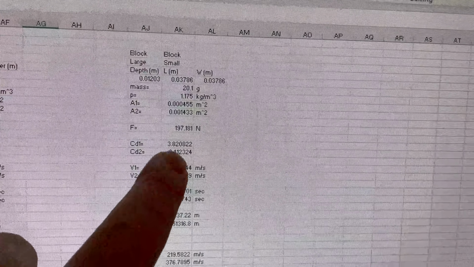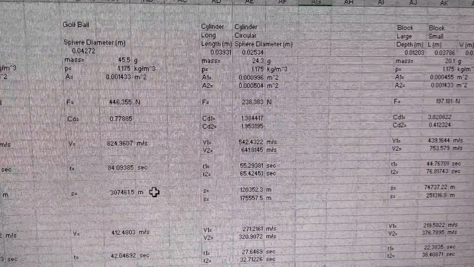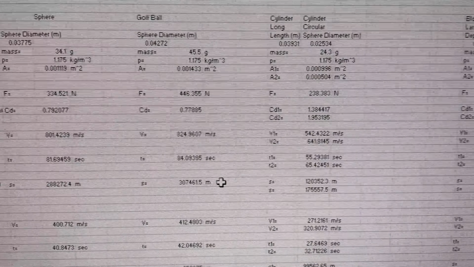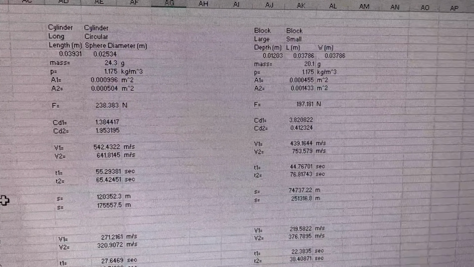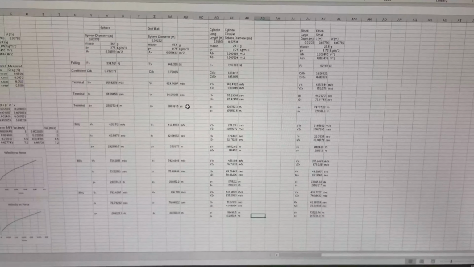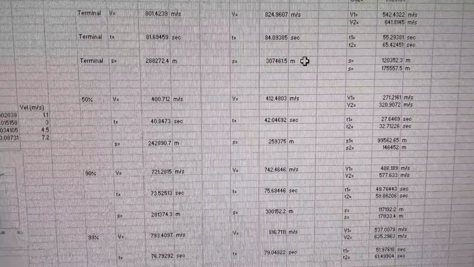Well, I guess that's accurate. It's a lot bigger. So it looks like I have drag coefficients that seem appropriate, 0.79, 0.77. That's somewhat okay. I can't remember what a sphere is supposed to be. I think it's 0.7, so they're somewhat close.